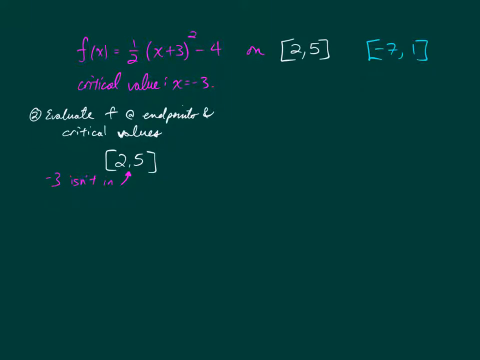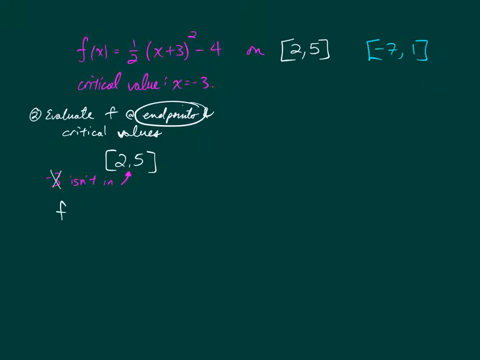Let this be a lesson learned before you learn your lesson in homework. So since -3 isn't in that interval, we don't use it. We get rid of it, and in fact we can only evaluate at the endpoints.